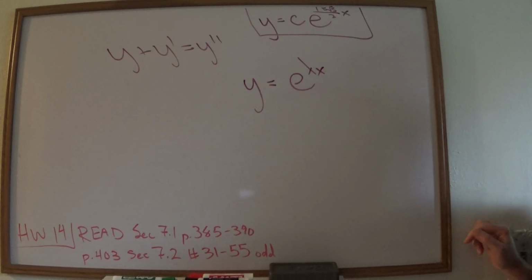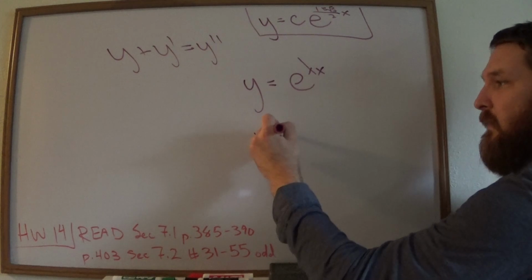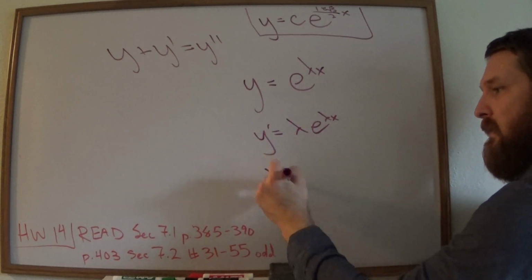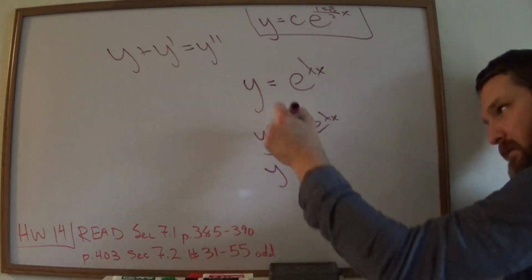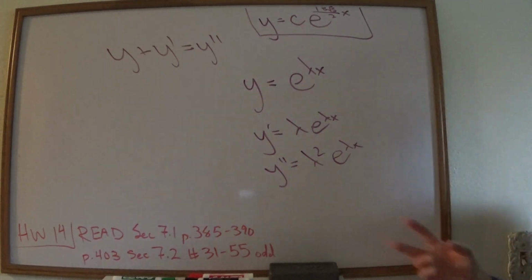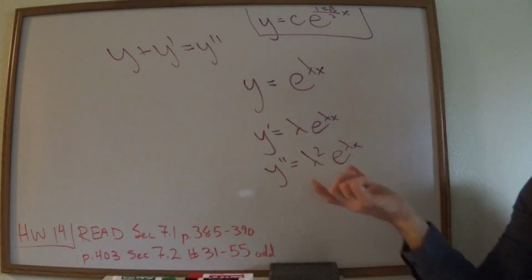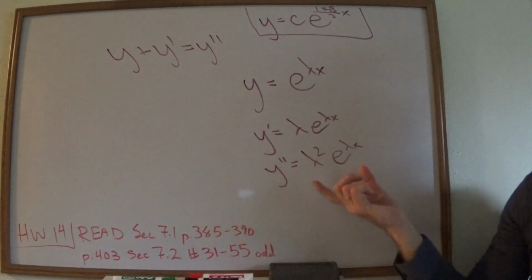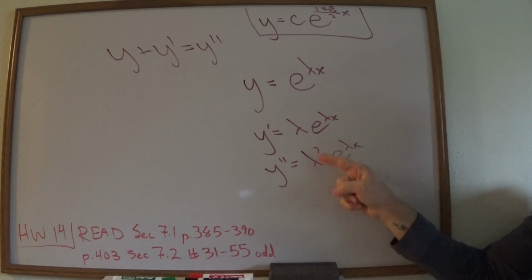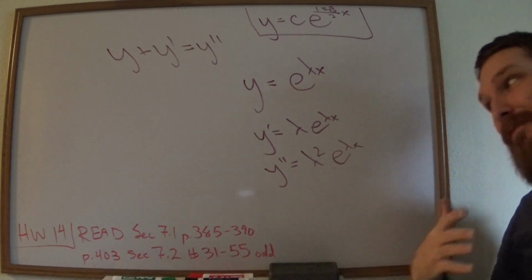And what it's saying, and you might not know what it means, is just what we did. The derivative would be lambda e to the lambda x. The second derivative would be lambda squared comes out, e to the lambda x. And you can see how these are very similar to quadratic equations, right? Because if you have a constant up here, every time you take a derivative, you get a new one of these guys. And so they're very much related.